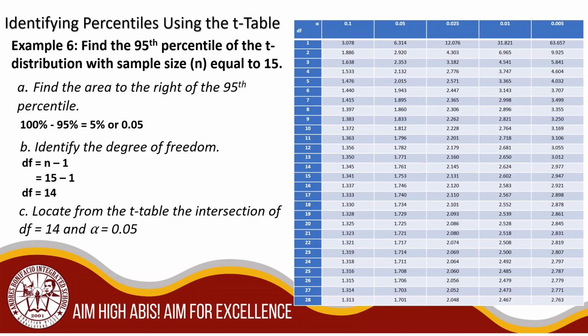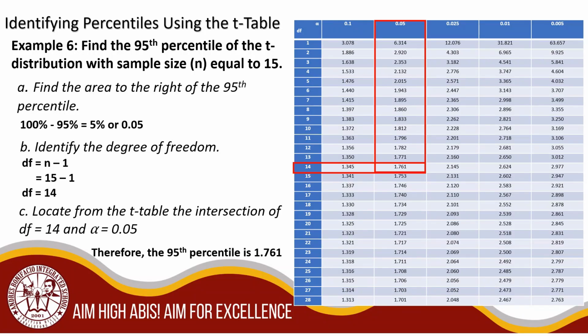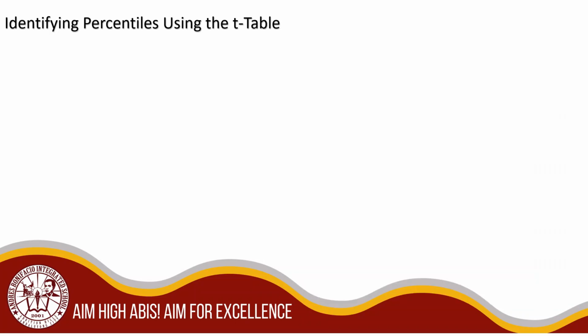So that's df is 14, and then we have alpha or the area is 0.05. So therefore the 95th percentile is 1.761. So, yan po ang ating 95th percentile of the t-distribution. Maliwanag po? Okay. We're down now to the last example of this presentation.